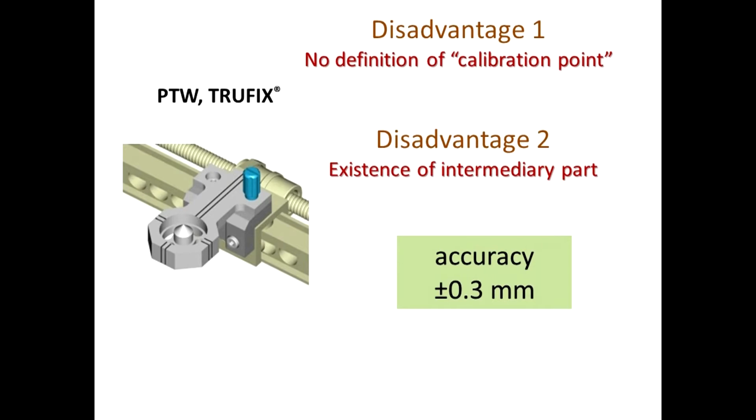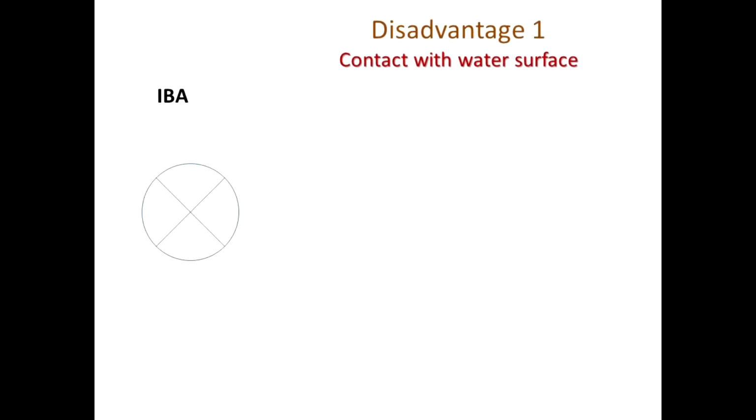Unfortunately, the main disadvantage of the true fixed system is the existence of this cone intermediary part, which cannot be produced very precisely, and it reduces the precision of the whole system to plus minus 0.3 mm, as stated in its manual.